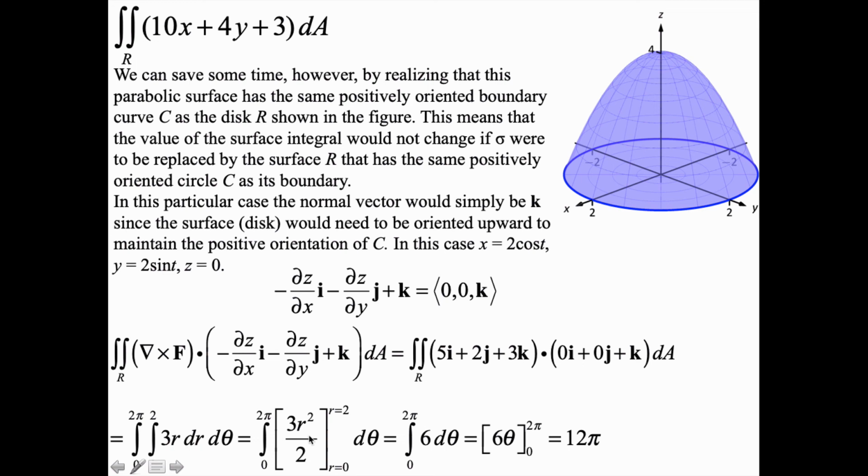So we have the evaluation of 3r squared over 2, as r goes from 0 to 2, and that leaves us with 6 d theta. So it's the integral from 0 to 2 pi of 6 d theta, and that gives us, oh my goodness, again, 12 pi. So again, by knowing the nuances of Stokes' theorem, sometimes you could really avoid going through a lot of work like that.